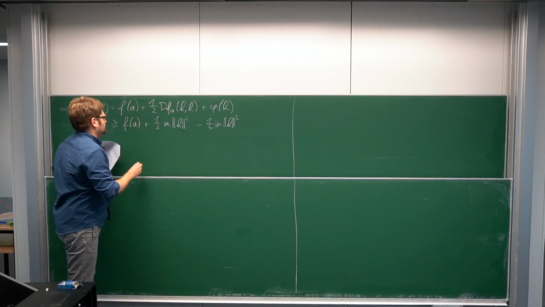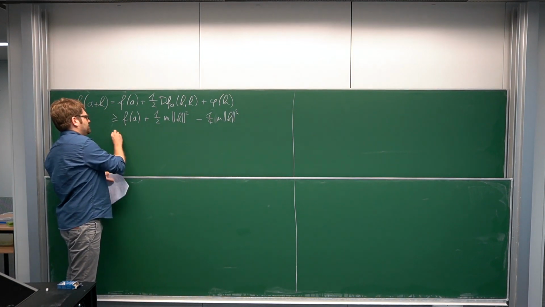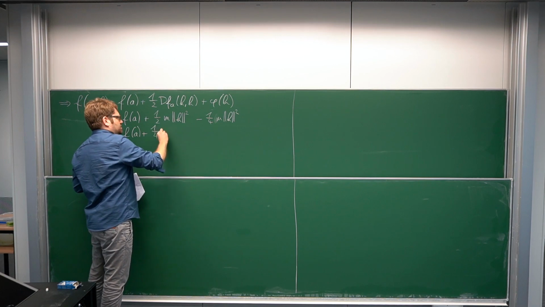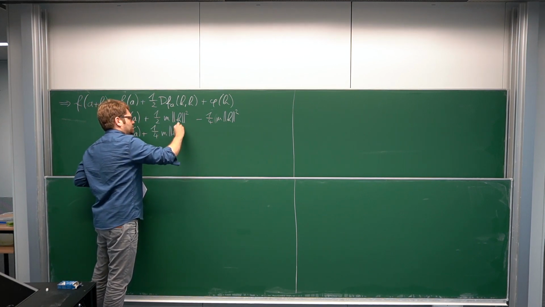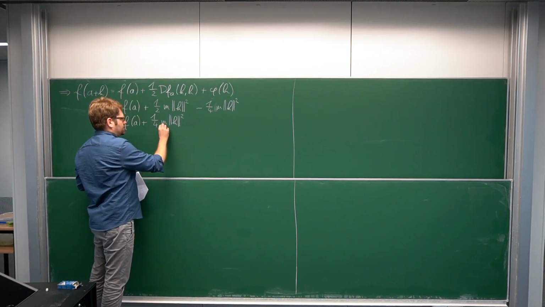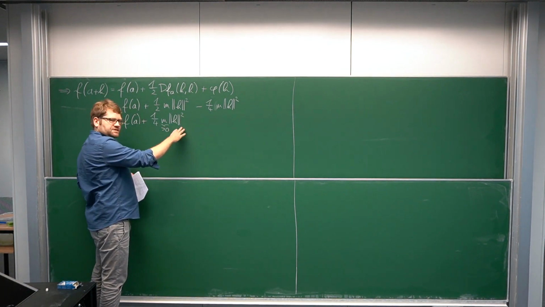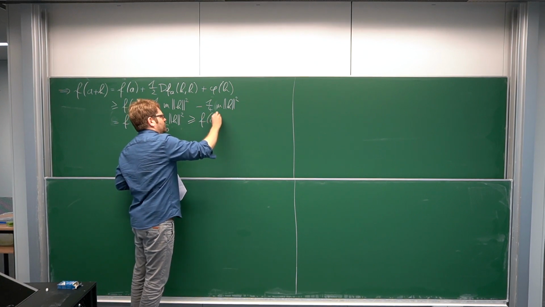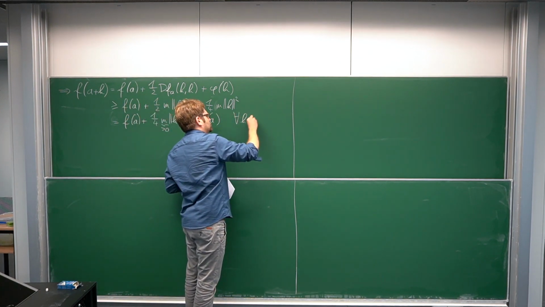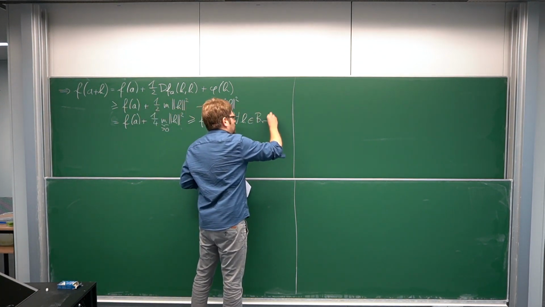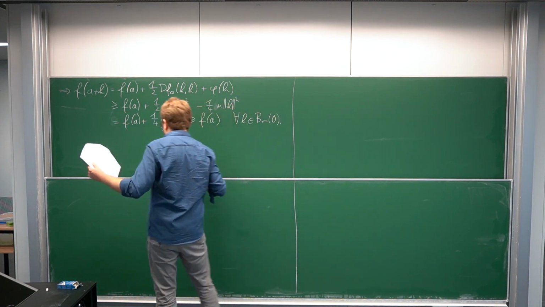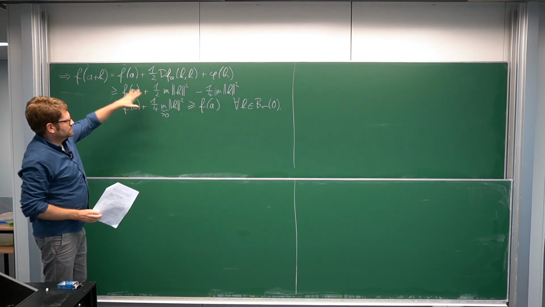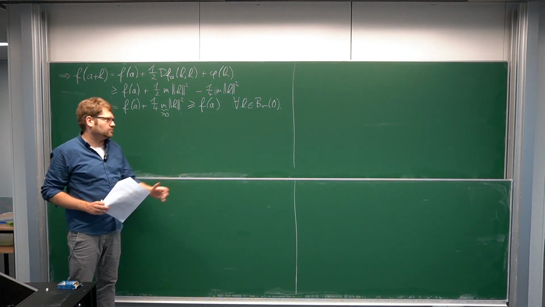And here we of course see that this is the same as f of a plus 1/4 m times the norm of h squared, and we had seen that the minimum here must be positive. This is not negative anyway, so this is all bigger than or equal to f of a, and this goes for all h in B_r(0) for some small r bigger than 0, whose value is not important, because all we need to know is that this inequality holds for some open neighborhood of our point a.